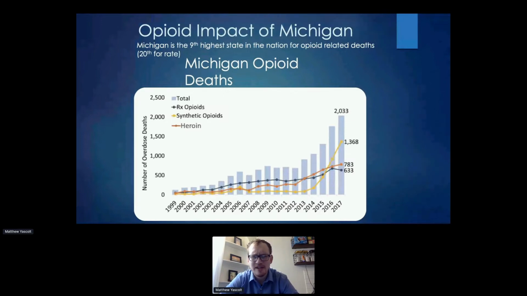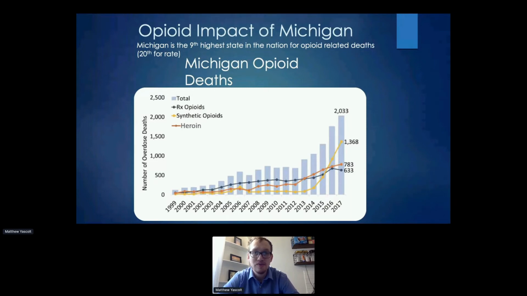So I know I've said fentanyl and carfentanil a couple times, but for folks that might not be educated on what that is about, I think I've heard 100 times for fentanyl and about 1,000 times for carfentanil stronger than heroin. So it just takes a minuscule amount for an individual to get the effects that they would of heroin.